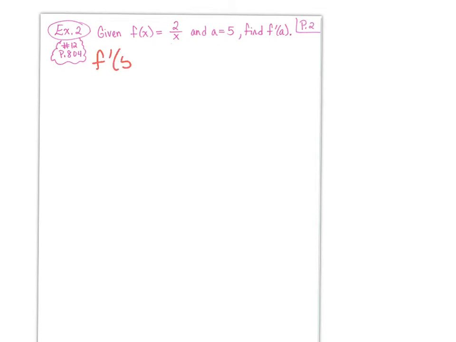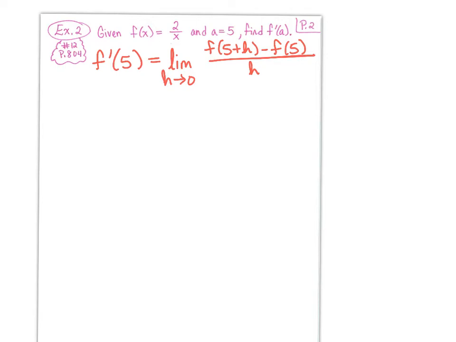F prime of 5 equals what? The limit as h approaches 0. Say it again. F of 5 plus h minus f of 5 over h. Very good. So we read this as the limit as h approaches 0 of f of 5 plus h minus f of 5 all over h.